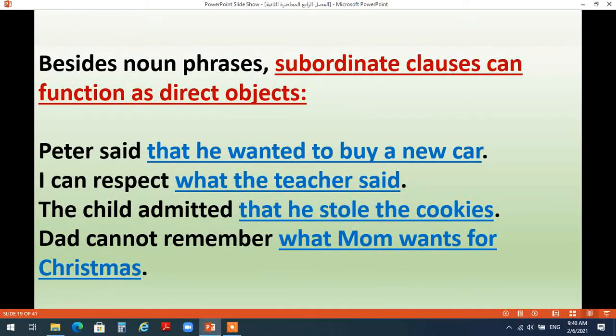Dad cannot remember what mom wants for Christmas. Also after the verb remember we can see that there is a whole clause. All this clause will be regarded as the direct object of the sentence, which is what mom wants for Christmas.